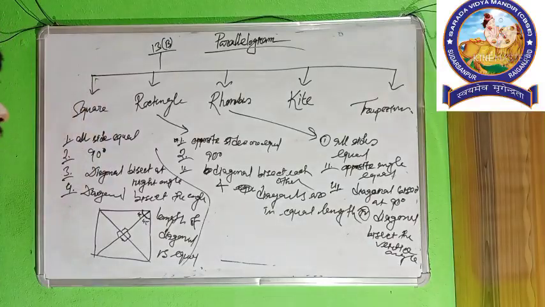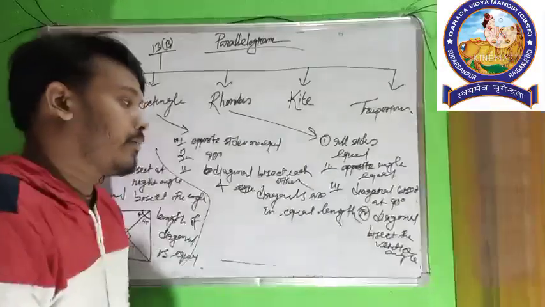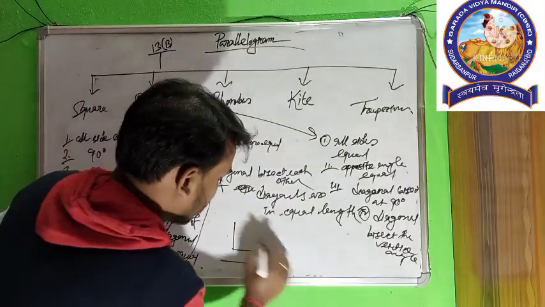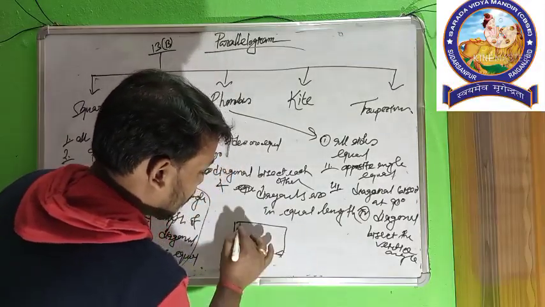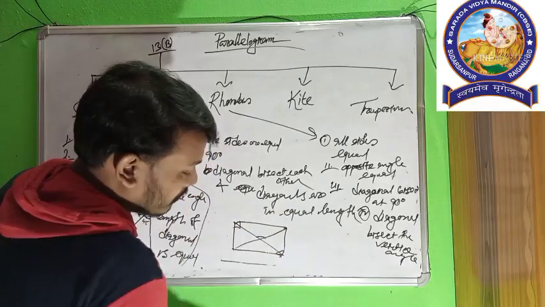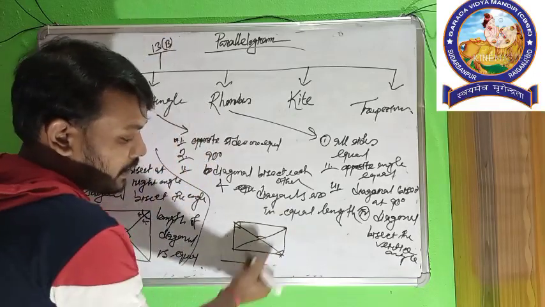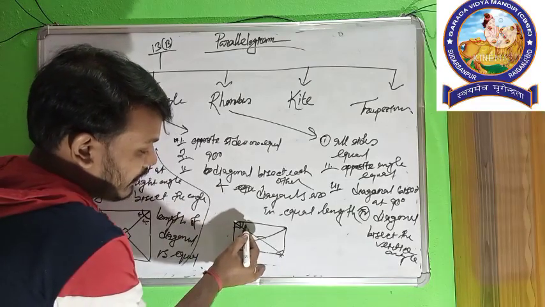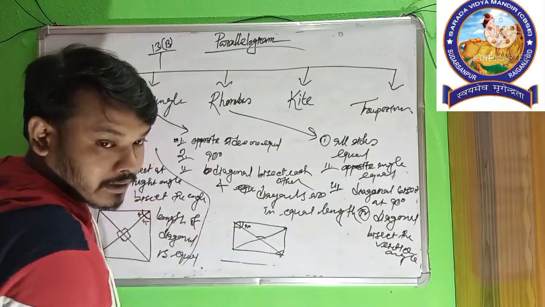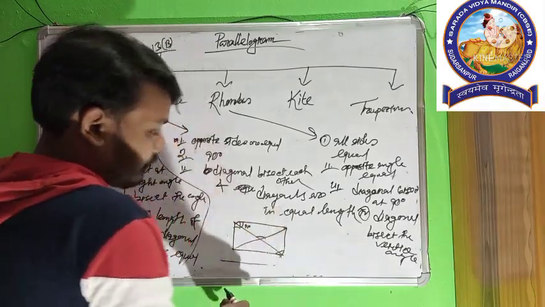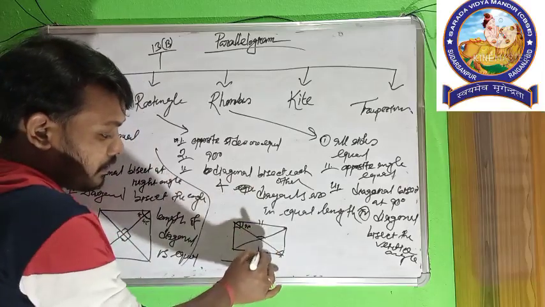So a rectangle looks like this: 90 degrees, diagonals bisect each other. This is not 90, it may vary, and the diagonals may not bisect the angles. Opposite sides are equal.